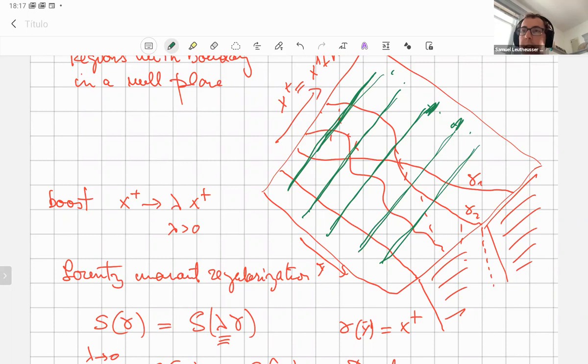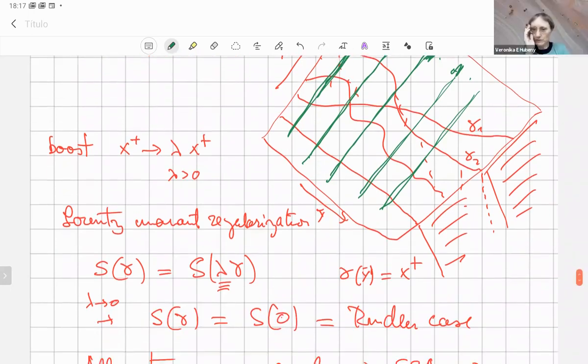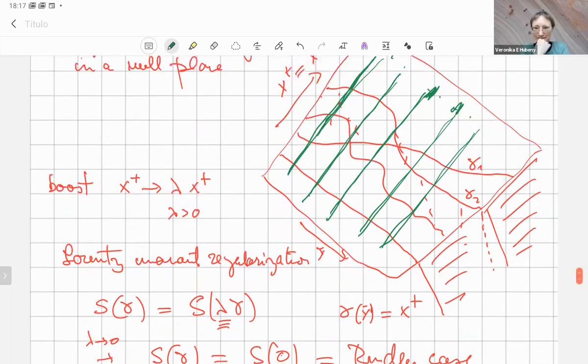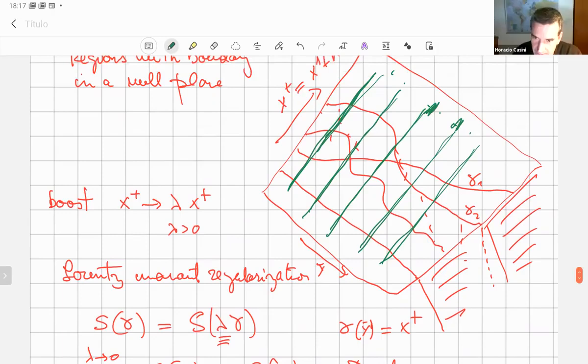Great. Thanks very much. Just to follow up on that, once you specify that it's localized in the null plane, then the non-interactivity just follows from causality, right? Because there is no other way of influencing. Would that be a right way of thinking about it or not? Well, causality does not.